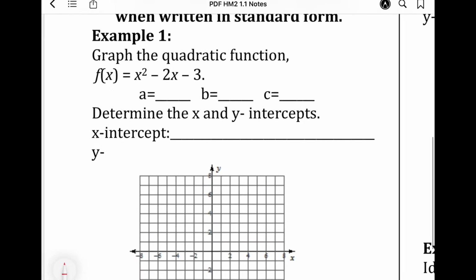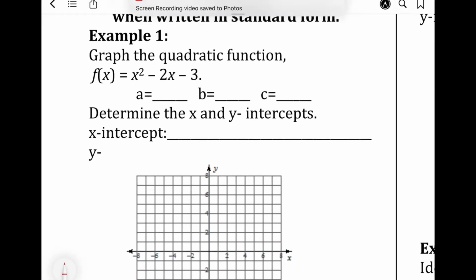So the first example, we have f of x equals x squared minus 2x minus 3. Remembering, when it says f of x, it's the same thing as y. Our a is whatever number is attached to our x squared. Well, there's nothing written in front of this x squared.